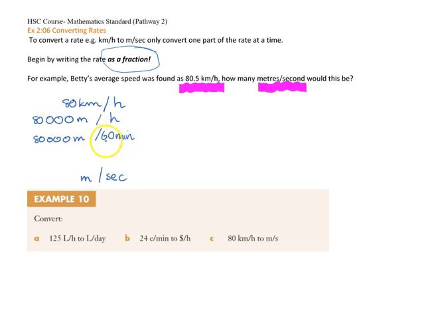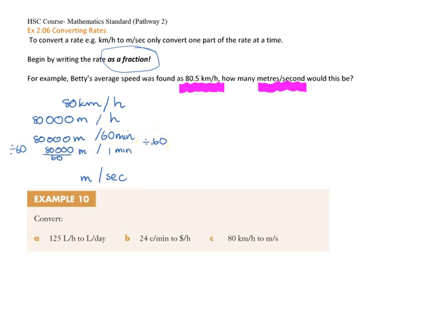I will now convert from 60 minutes down to 1 minute. And to do that, we know once we start converting sizes, well, then we're dividing or multiplying. And if we divide and change the size on one side, we must do it on the other. So I've now got 80,000 divided by 60.